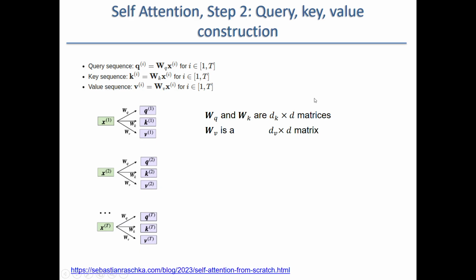So let's do that step by step. I have taken most of these pictures from this blog entry, and it describes the process very well. If you're interested in seeing the full explanation by him, you may go to that URL. Let's say that we have the different words, x1, x2, xt.